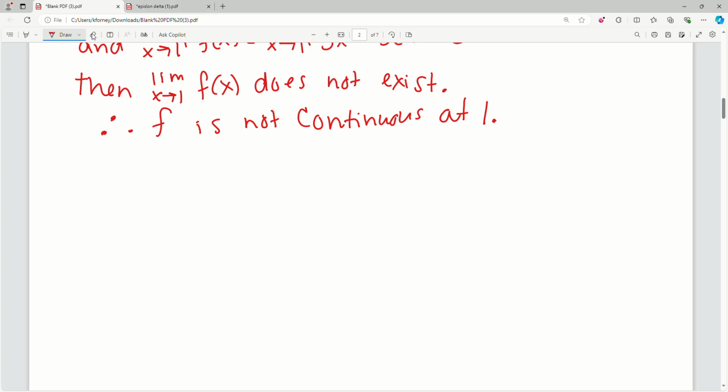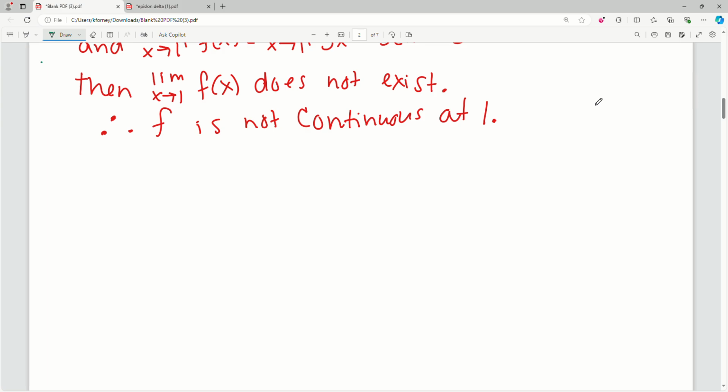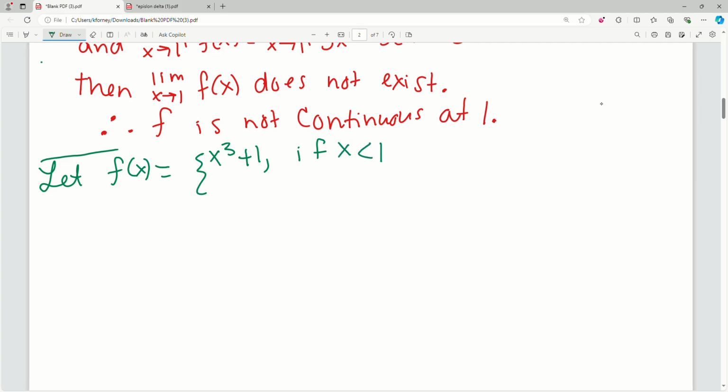Let's see. Yeah, I can fit another one on this page. So now let's let f of x equal x cubed plus 1 if x is less than 1, and let it be 3x minus 1 if x is greater than or equal to 1.